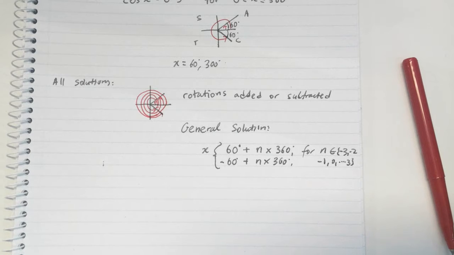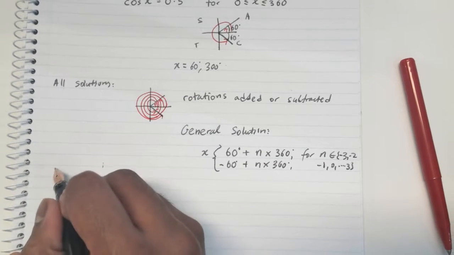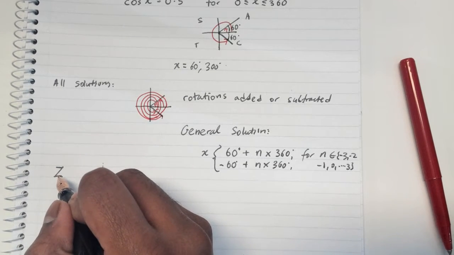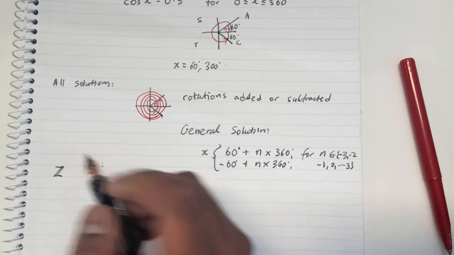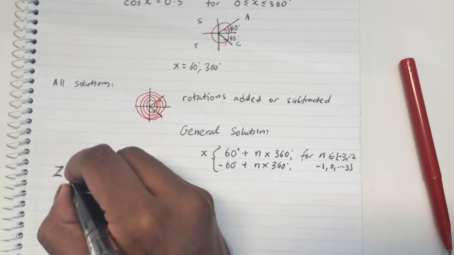So n has to be a positive or negative whole number. What are those numbers called? Integers. Perfect. So we call it a Z with a double body down the middle.